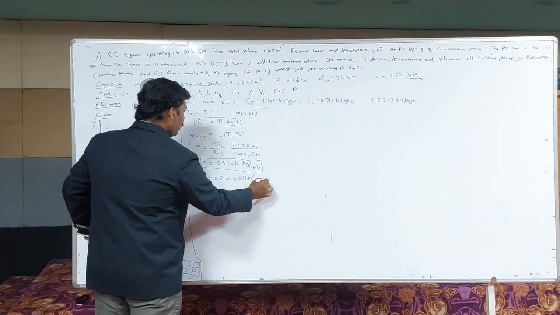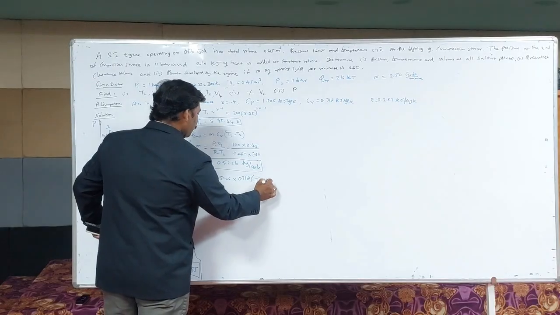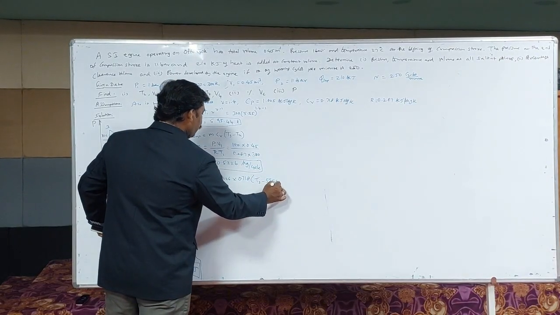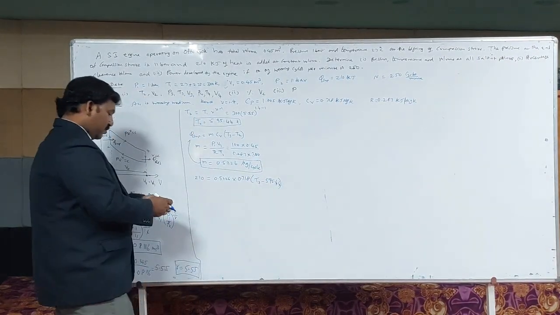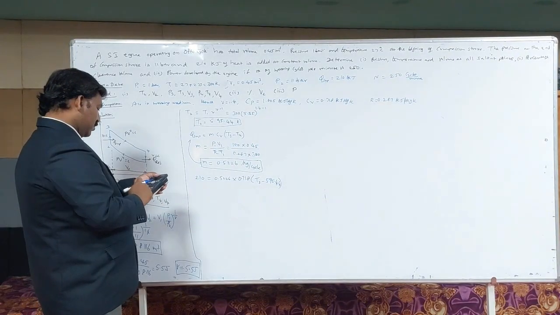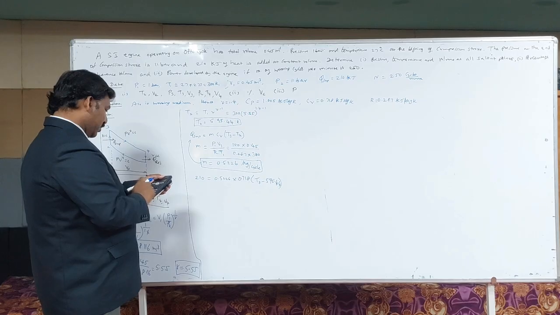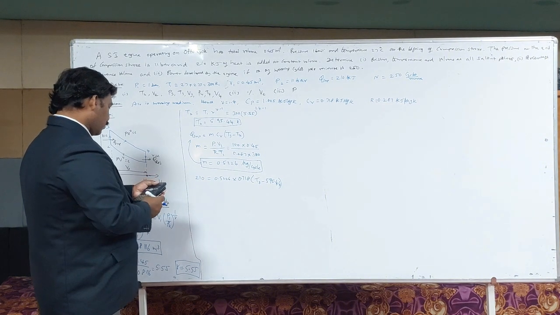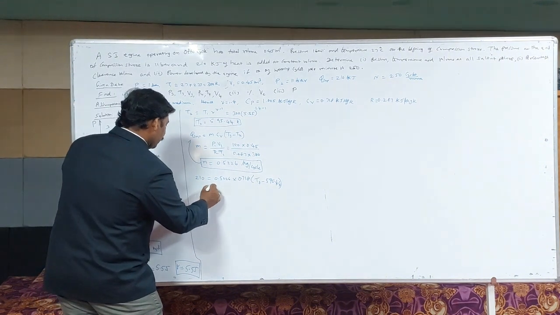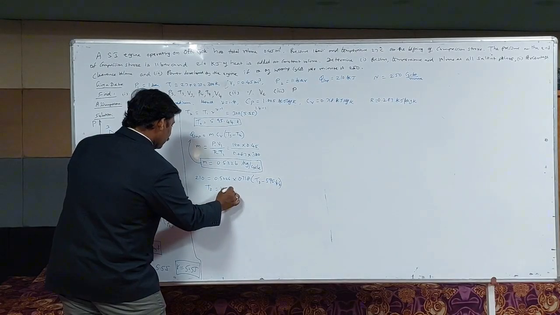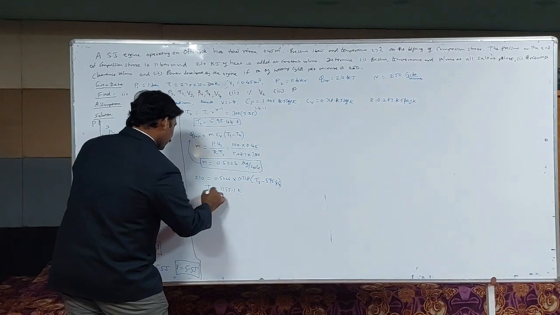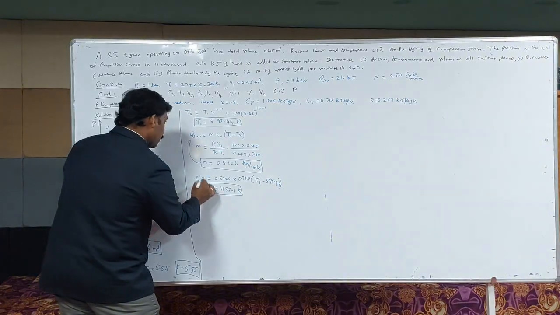We do not know T3, that we have to find out, and T2 is 595.44. So now we get the T3 value as 210 divided by 0.5226 divided by 0.718 plus 595.44. The value is 1155.1 Kelvin.